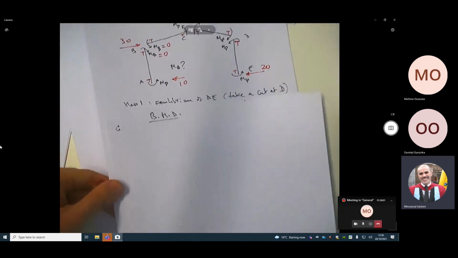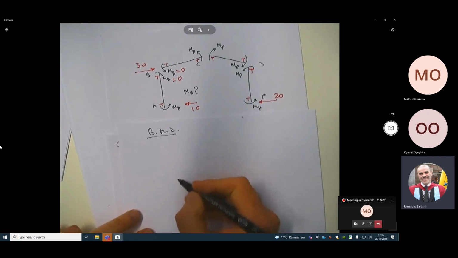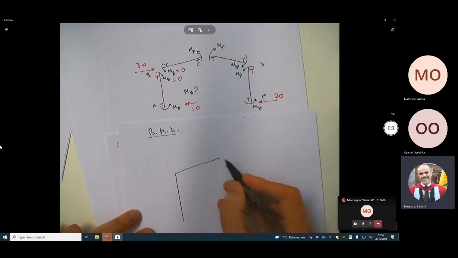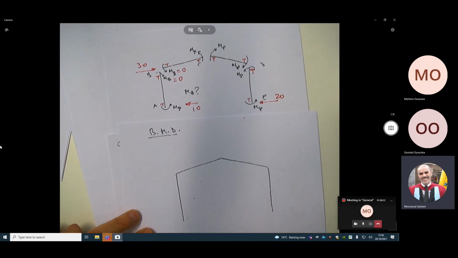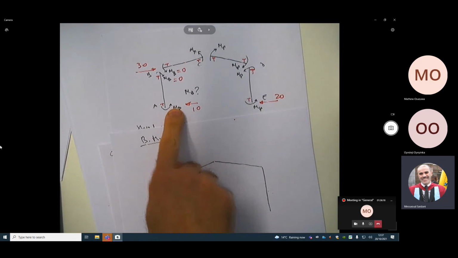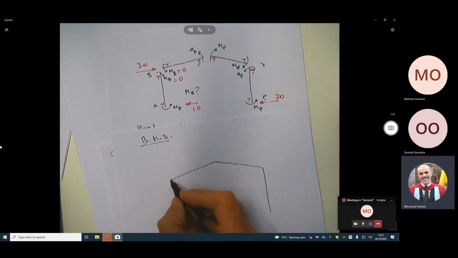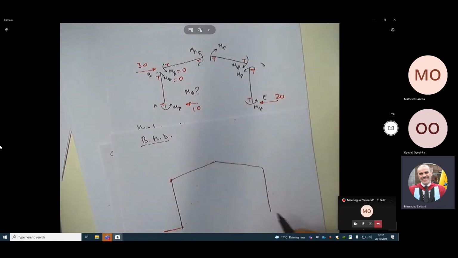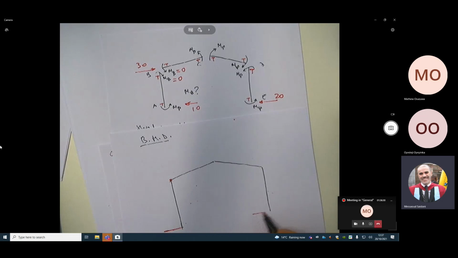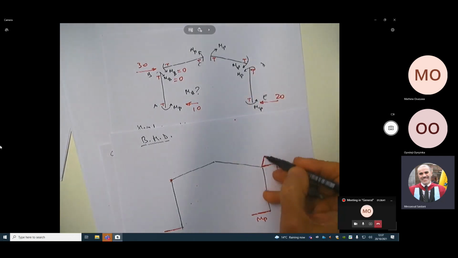So I'm going to take this here to draw the bending moment diagram for the frame. We have MP at A, and it's on this side. That's MP. We have 0 at B. Then we have MP on this side, so we have MP here. Then I have MP on this side. Then I have MP at the top, perpendicular here.